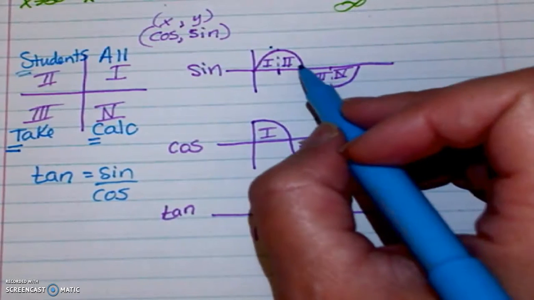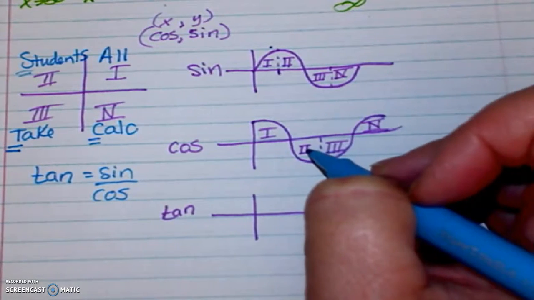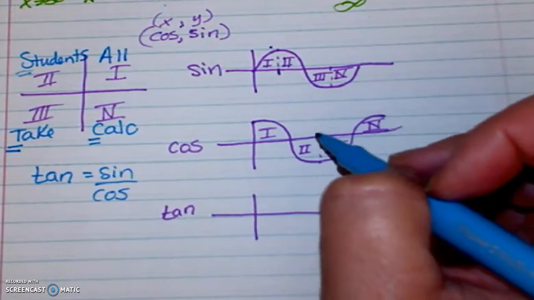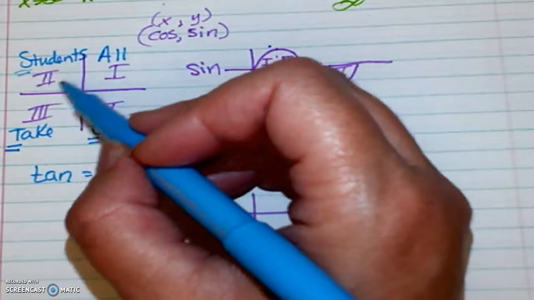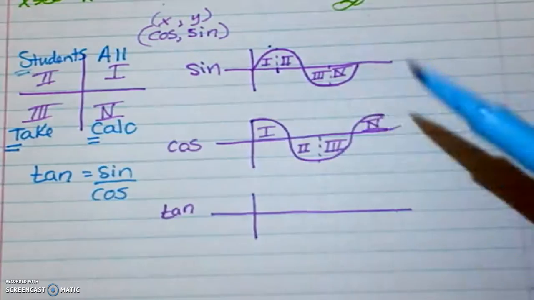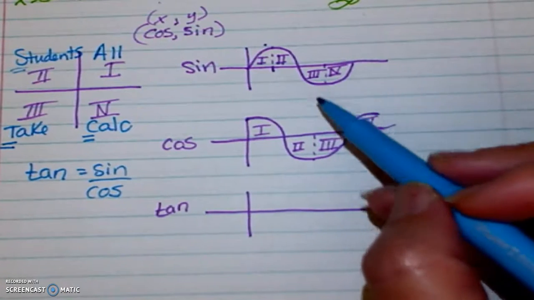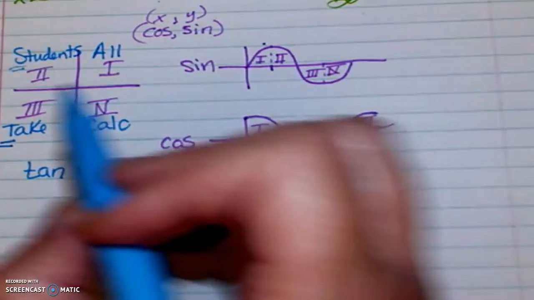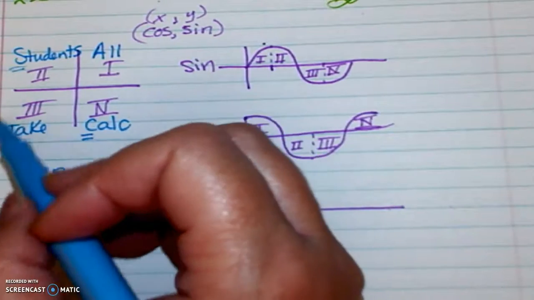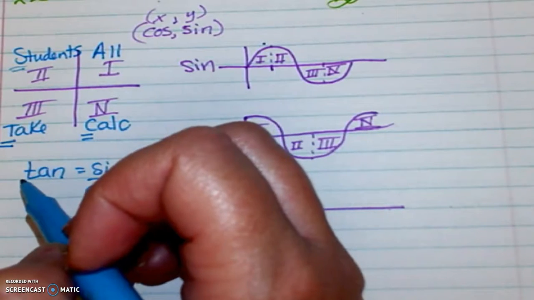In the second quadrant, sine is positive, cosine is negative. If you take a positive divided by a negative, you end up with a negative. So tangent will be negative here. In the third quadrant, though, sine and cosine are both negative. A negative divided by a negative is a positive, and that's why tangent is positive in the third quadrant.